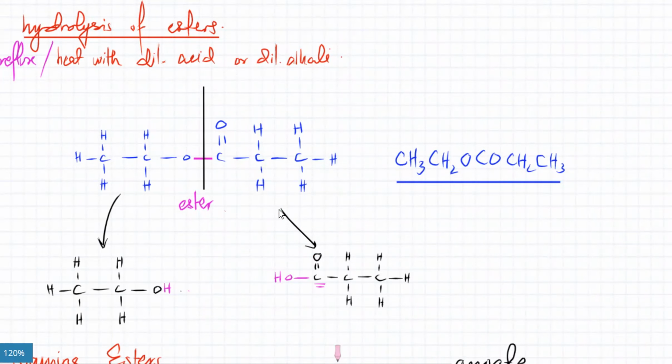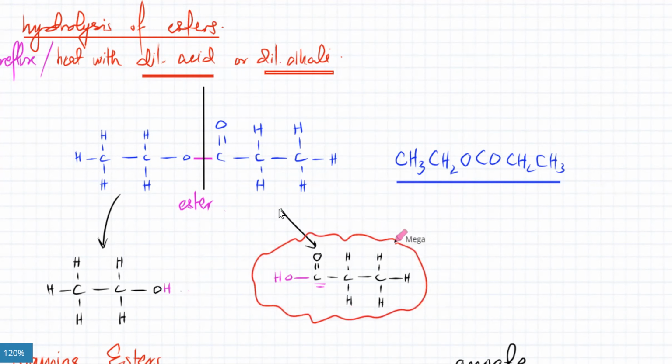One type is where you heat it with a dilute acid, the other is where you heat it with a dilute alkali. Remember when the ester breaks down, the double bond O and O in the middle breaks down; it turns into a carboxylic acid and an alcohol. A carboxylic acid is basically an acid. We haven't covered this last bit yet, but a carboxylic acid is an acid.